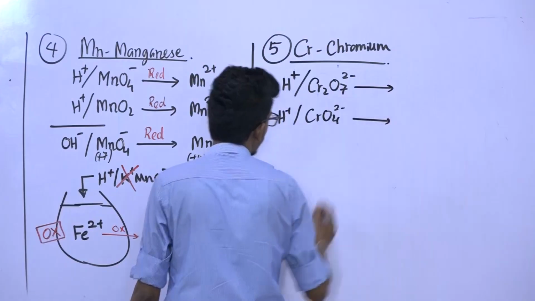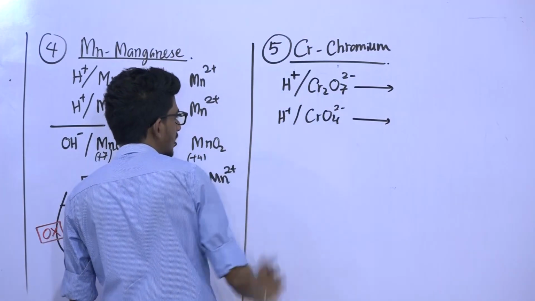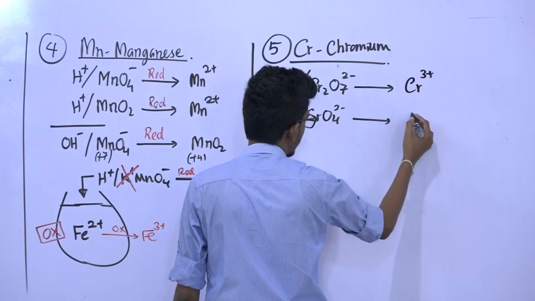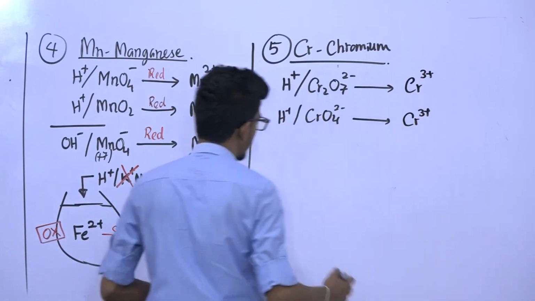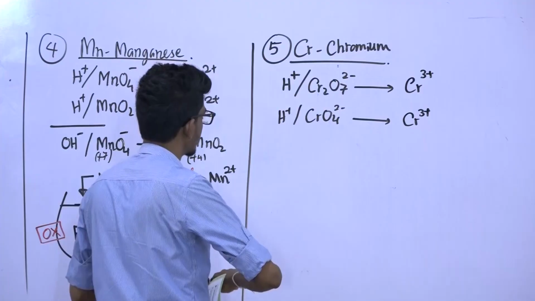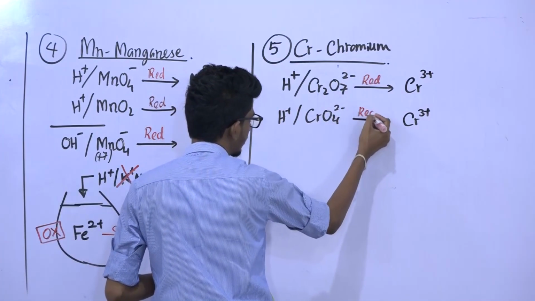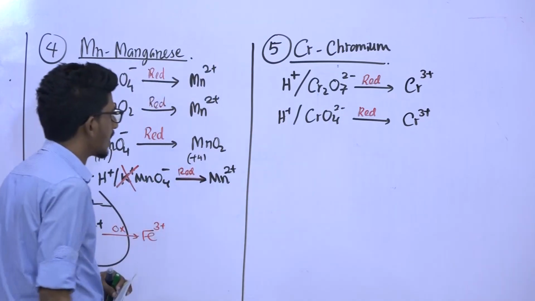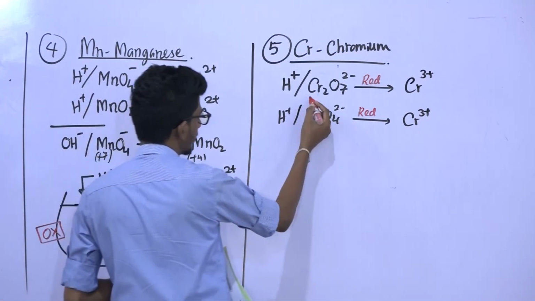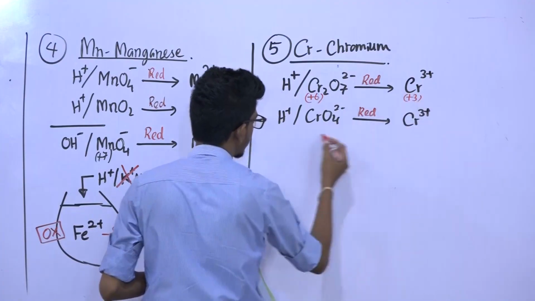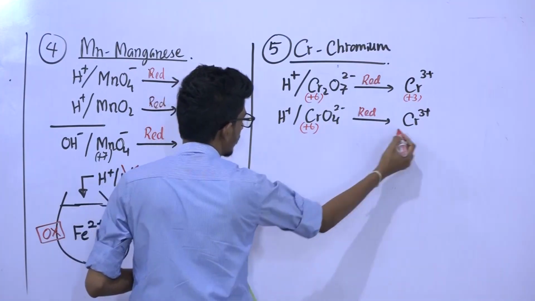Anyway, if you are referring to acidic medium chromium containing species, always prefer the Cr3+ form. It's kind of a reduction, right? This is how the chromium containing species behave in acidic medium. So this is a +6 going towards +3, kind of a reduction.